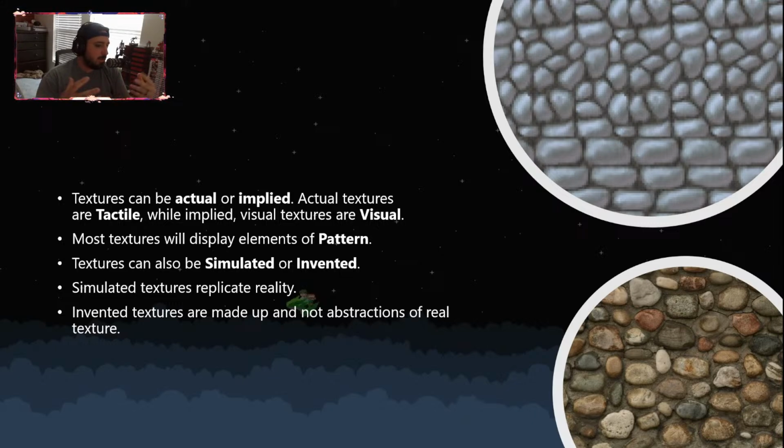Aliens don't exist. So while alien skin may be similar, artists have a lot of freedom and artistic liberty to create textures that are not abstractions of real texture. They're completely building these things from the ground up.